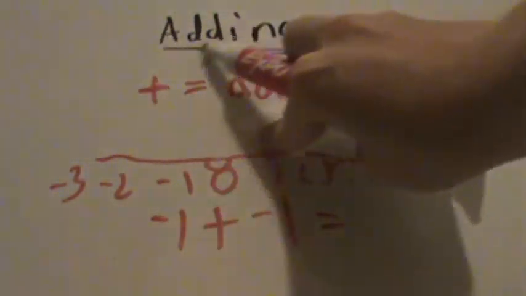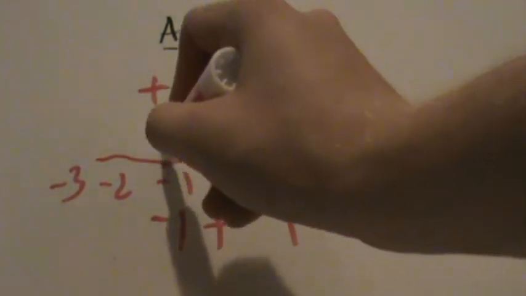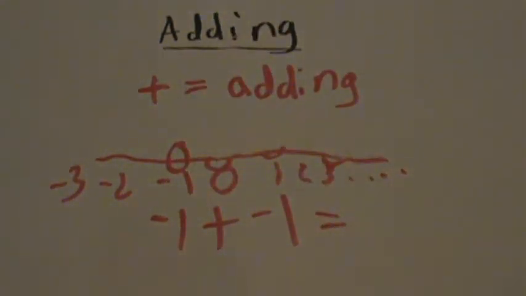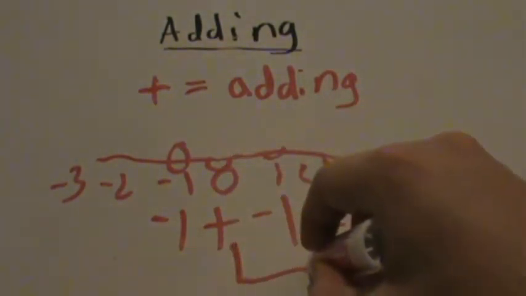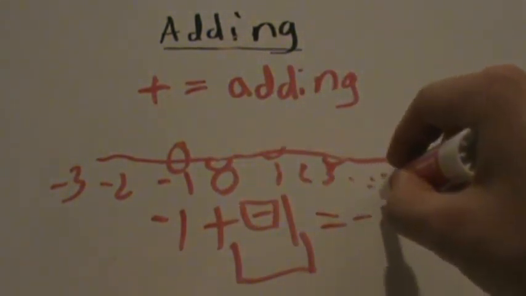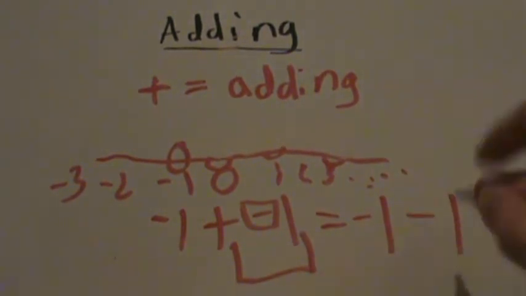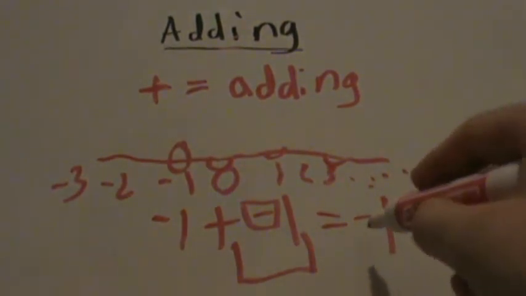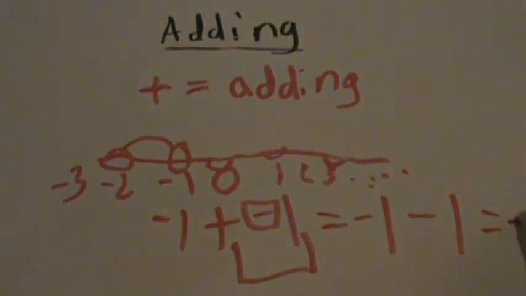We look at our first number, and we're starting at -1. But what are we adding here? We're adding another -1. With this sign here, this is equivalent to -1 minus 1. This means that you start at -1 and you go back another position. So where do we end up? We end up at -2.